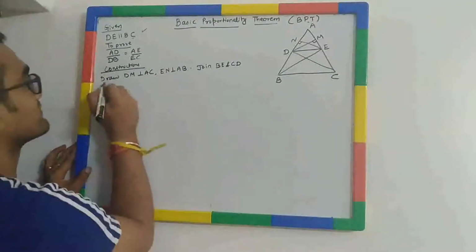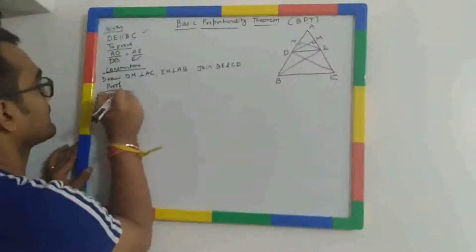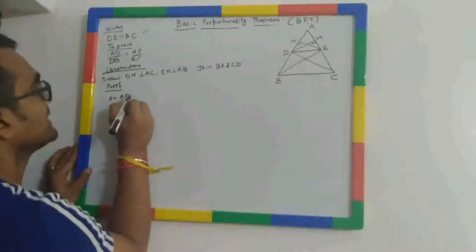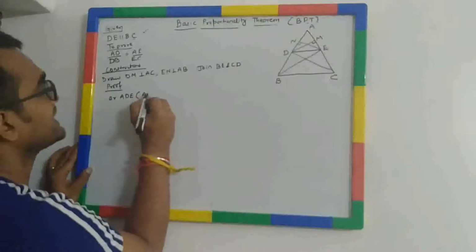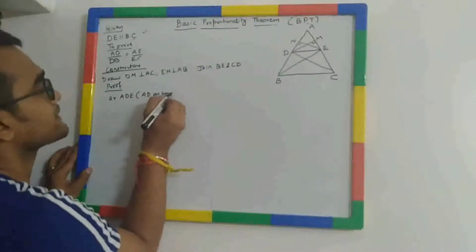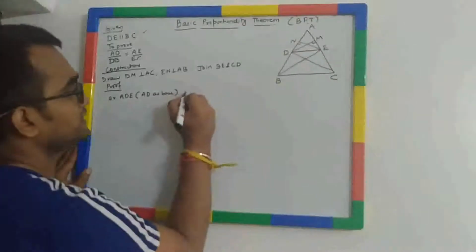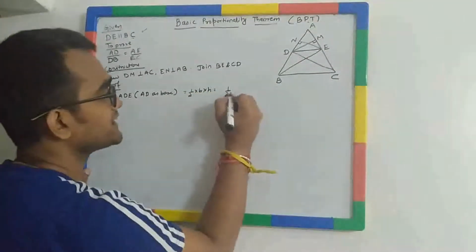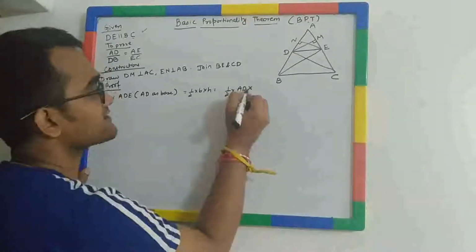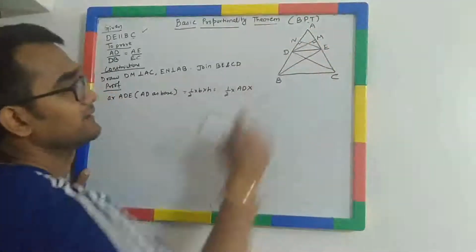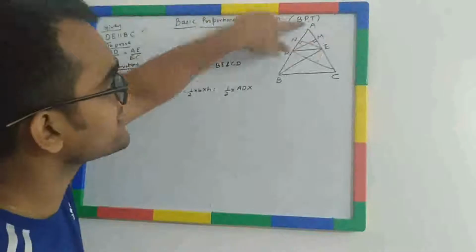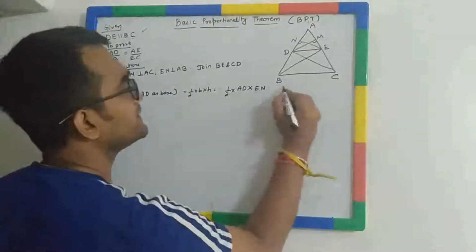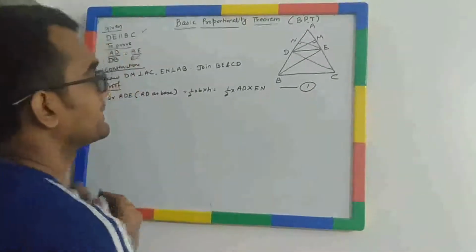Now I will start with its proof. First I will find the area of triangle ADE by taking AD as base. So area of triangle is half into base into height. I have stated that AD will be treated as base. So in this triangle, when AD is the base, EN will be its height.